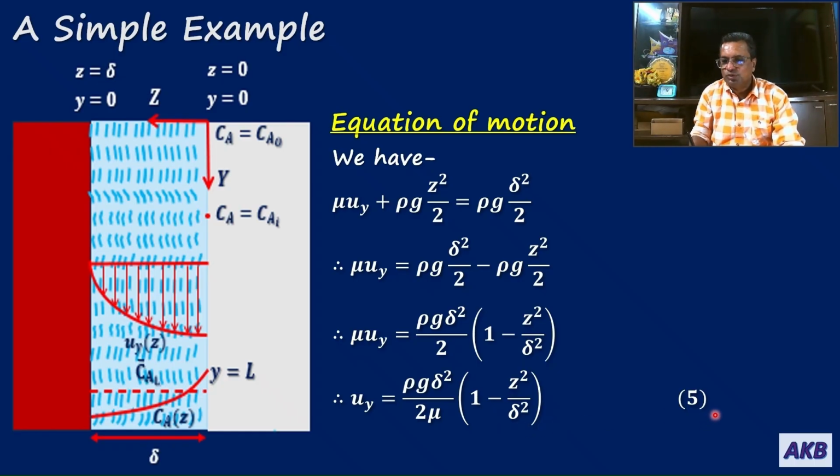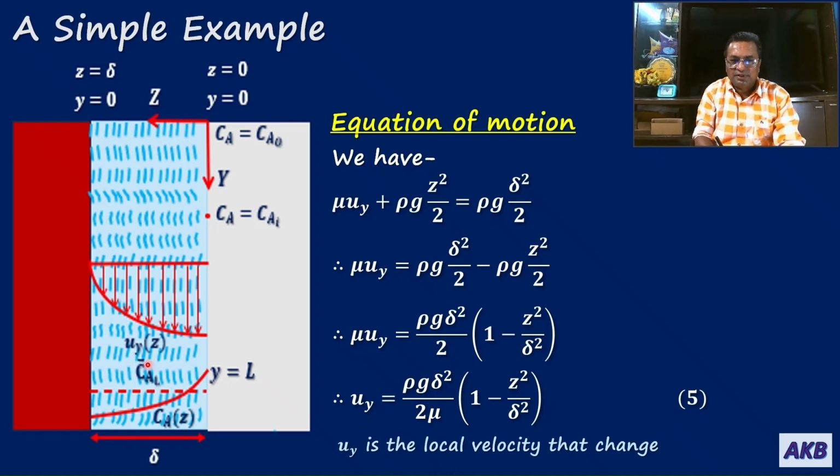Now let me tell you what are the terms involved in this equation. In the beginning I didn't tell you what the terms were. So in equation 5, uy is the local velocity, which is a function of z. As you move along the liquid film, uy is changing locally, so that's why it is local velocity.